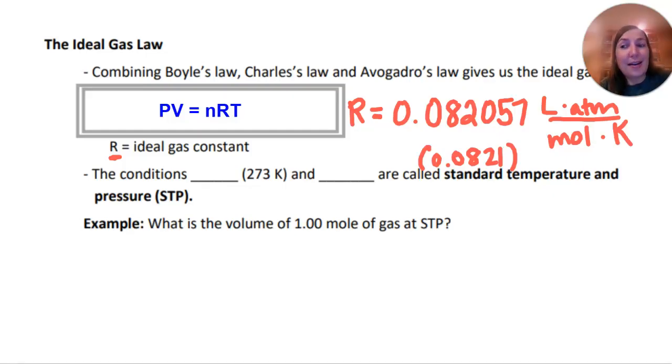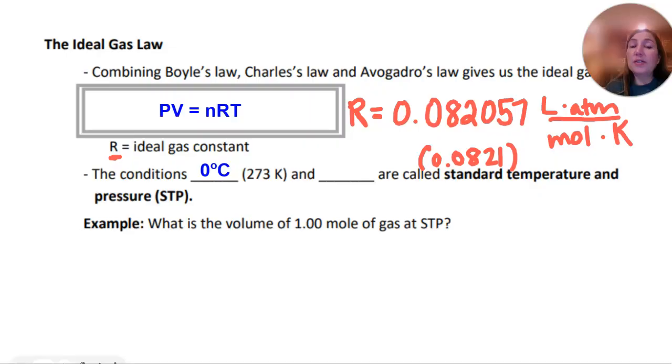Just like I often say that you can convert to Kelvin by adding 273 to your Celsius. It's usually a good enough approximation for almost all of our problems. So again, this R is a constant, kind of like the speed of light or the gravitational constant. This is a known measured constant.